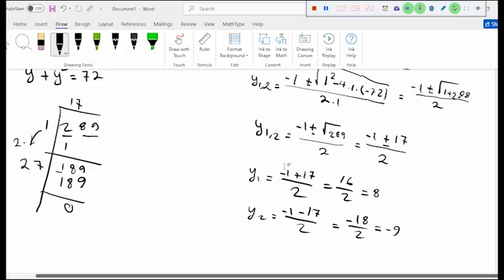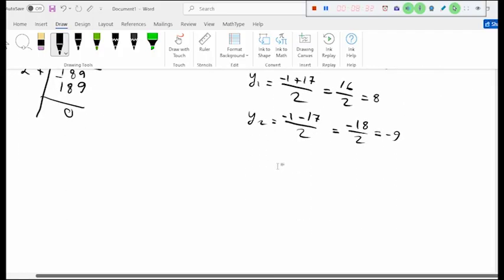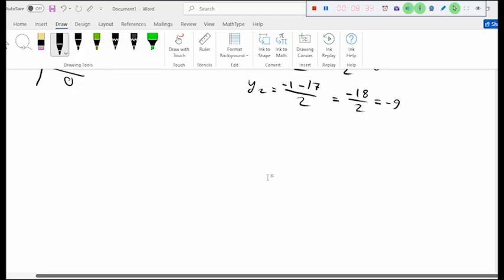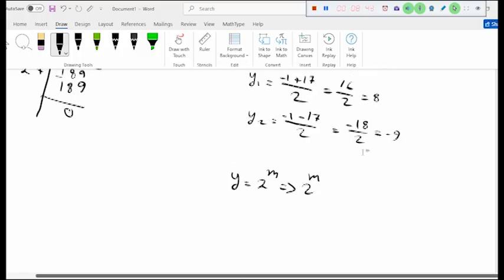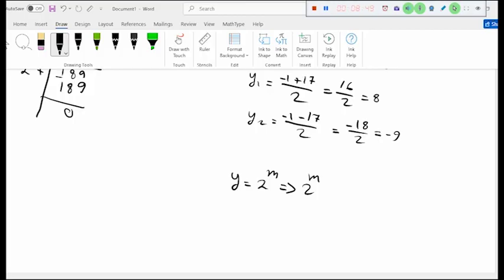Now we can find the value of m. Here we had y equal to 2 to the power of m. So we can write 2 to the power of m equal to 8. Here the value of y1 is 8.